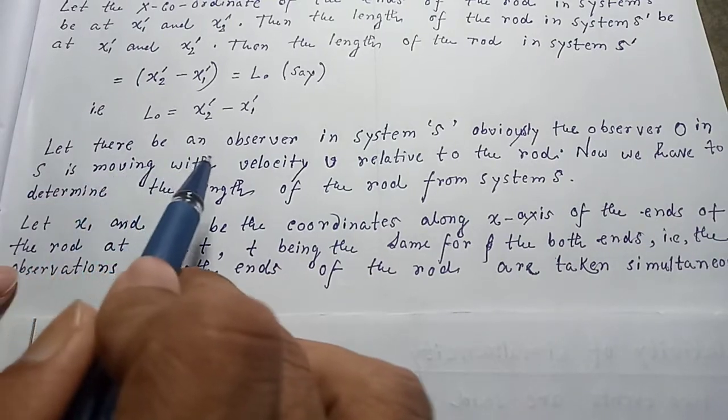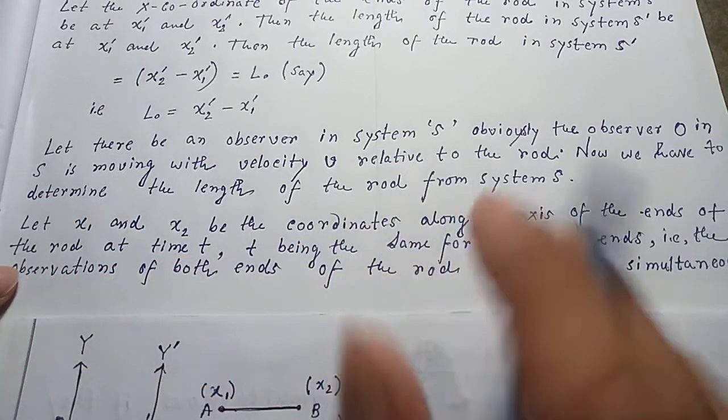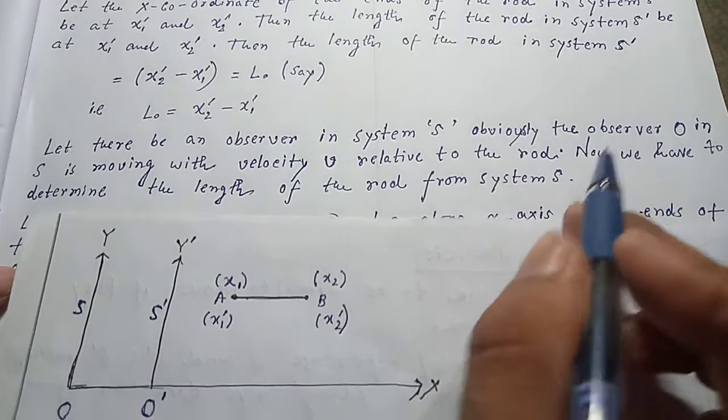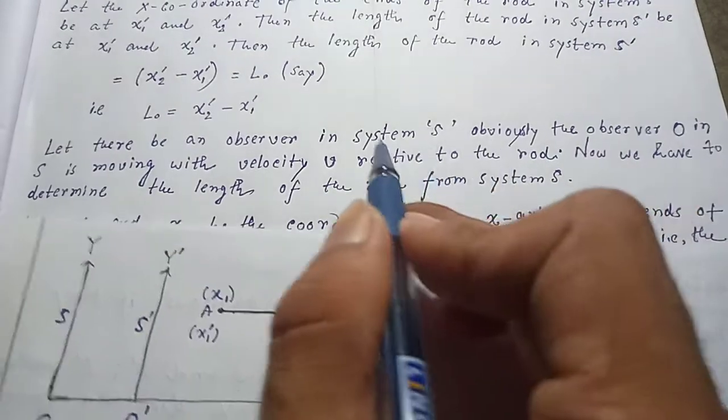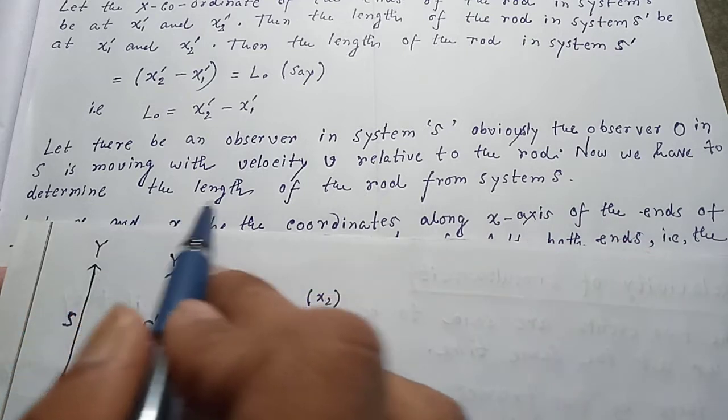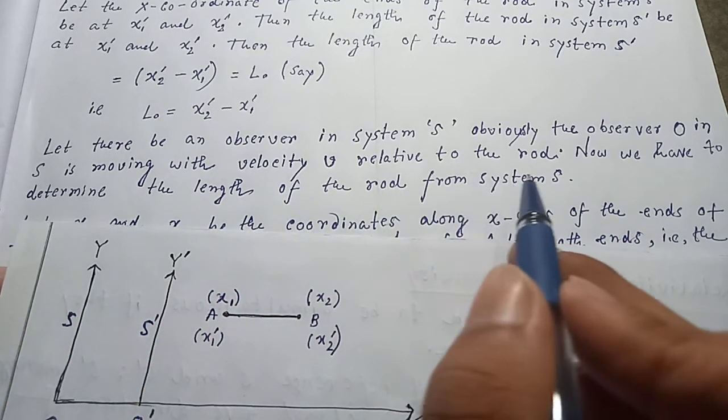Let there be an observer in system S. We assume that इस S frame में एक observer है, and obviously the observer O in S is moving with velocity v relative to the rod.